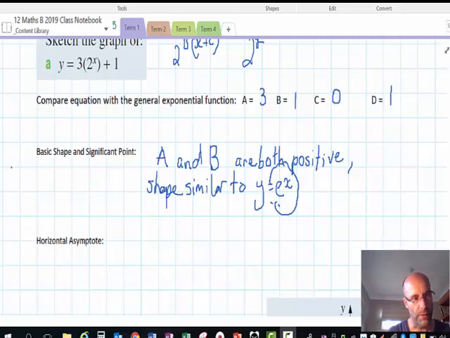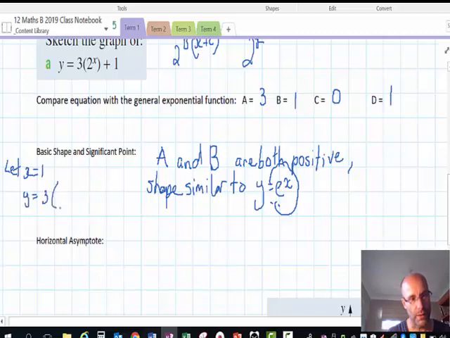For the significant point from our previous work, we let x equal 1, and so we'll have y equals 3 times 2 to the 1, plus 1, and that's 3 by 2, 6, and 1, 7.